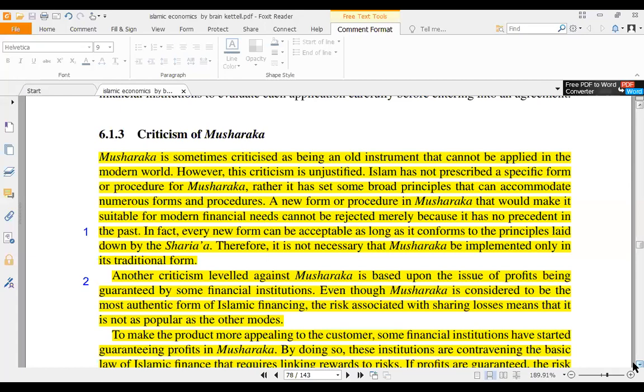The second criticism is that Western institutions say Musharaka is basically based on the issue of profits being granted by some financial institutions.